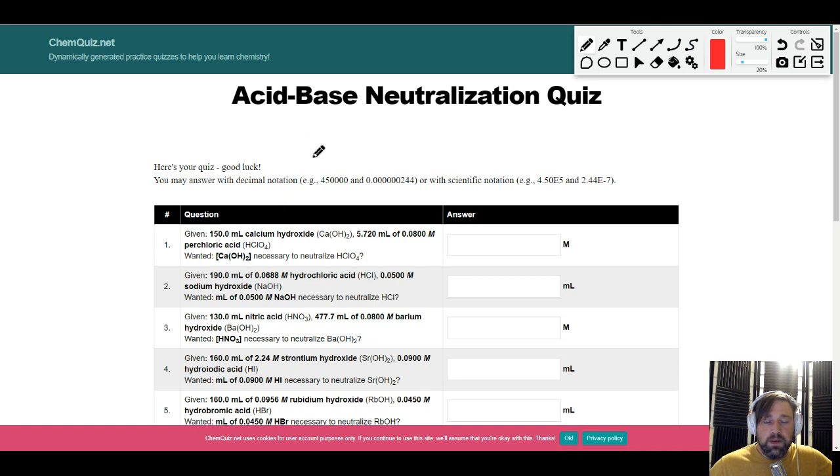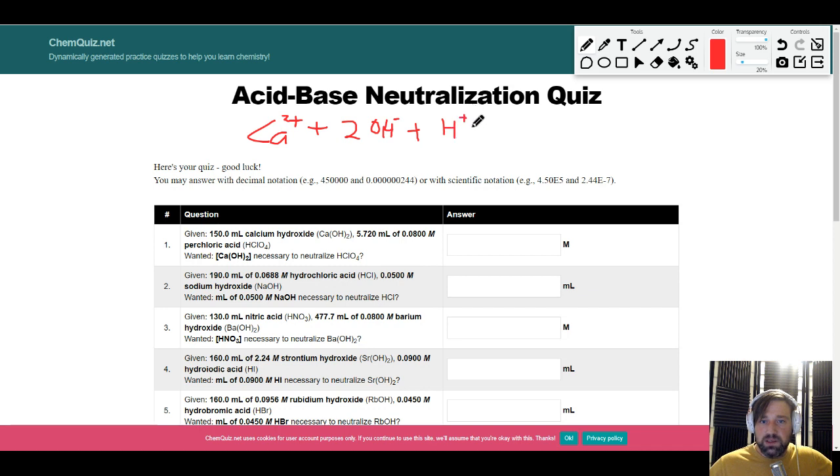All right. So we have Ca(OH)2 plus HClO4. And remember, if we wanted to rewrite these as ions, we would get Ca2 plus and 2 OH minus. Ha, told you that 2 is going to be important.